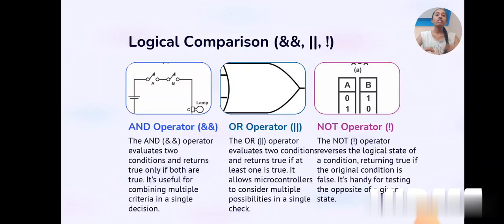That output is high if any one of the inputs is high. The last one is NOT operator. The NOT operator reverses the logic state of a condition, returning true if the original condition is false. It's handy for testing the opposite of the given state, and it takes only one input and produces only one output.